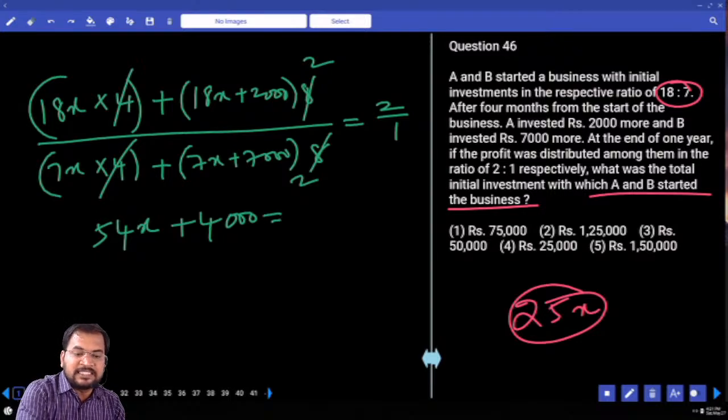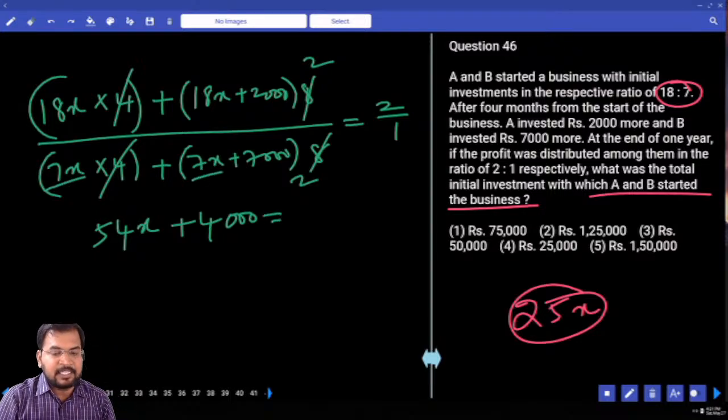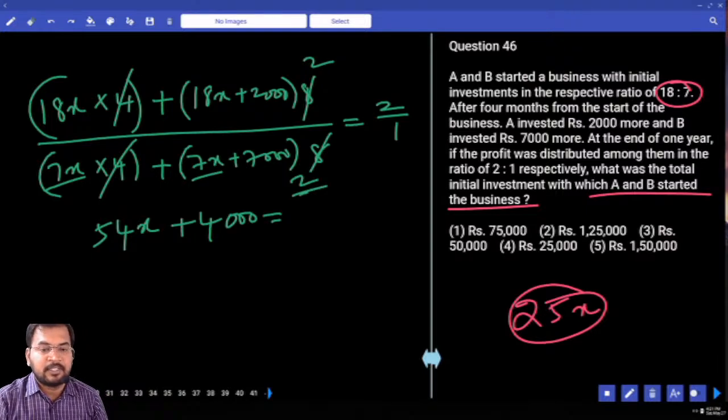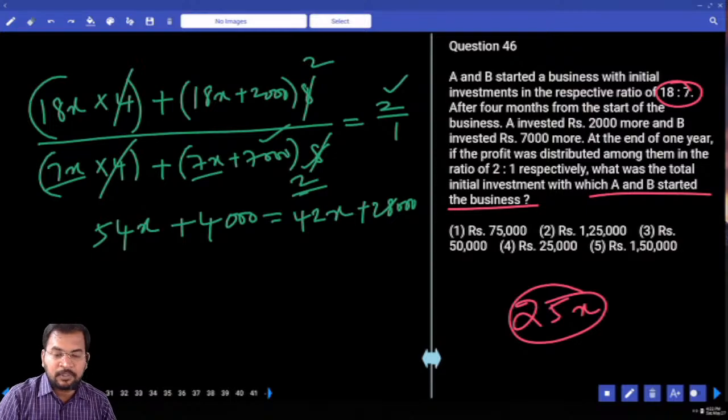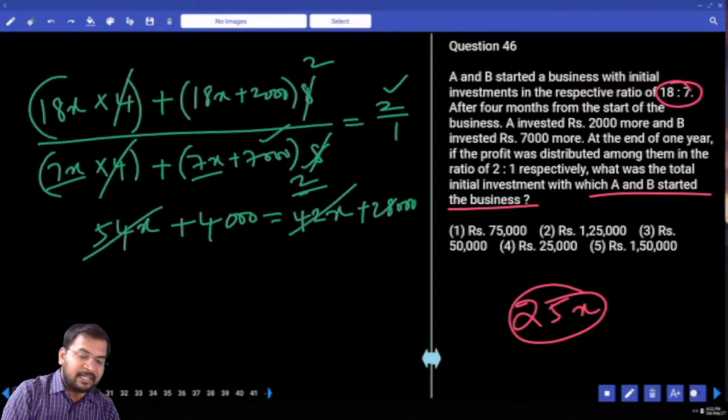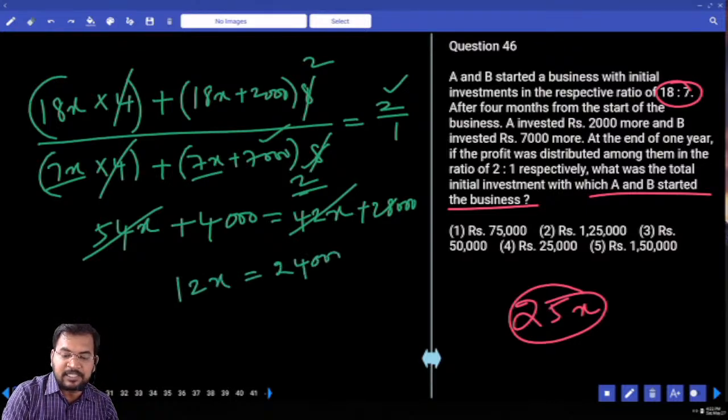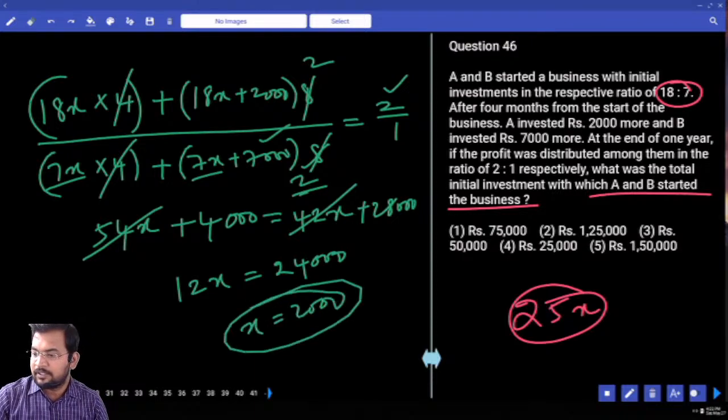That is equal to 7x, 7x, 7x, 14x, which is 21x. Here into 2, 42x. Next, 7,000 into 2 is 14,000, into 2 is 28,000. Next, the difference of 42x and 54x is 12x. 12x is equal to 24,000. So x is equal to 2,000, and then 25x is 50,000.